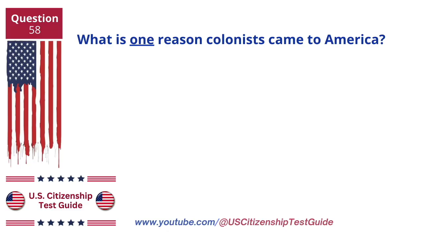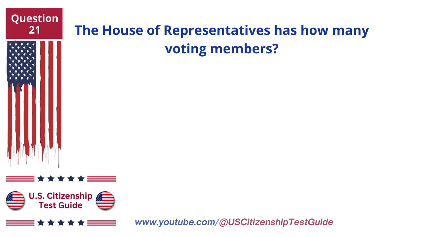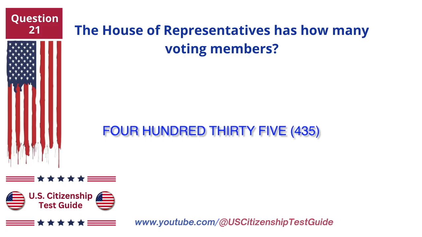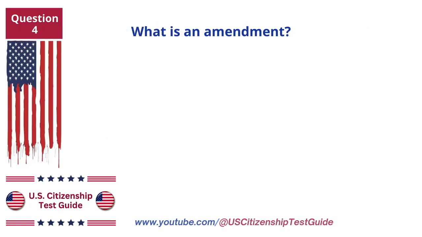What is one reason colonists came to America? Freedom. The House of Representatives has how many voting members? 435. What is an amendment?